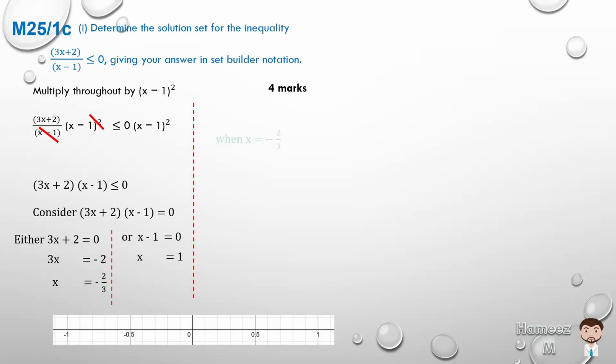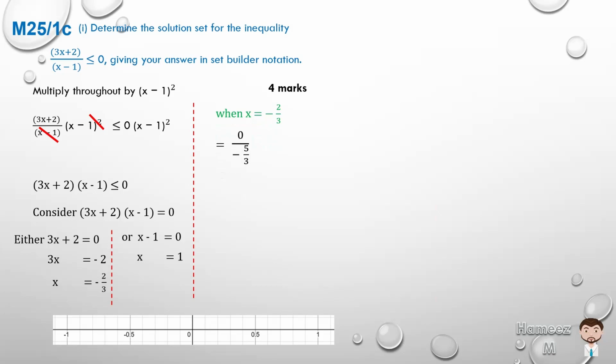So now let's substitute x equal to minus 2/3 back into the original inequality, (3x + 2)/(x - 1). Then 3 times minus 2/3 will be minus 2. Minus 2 plus 2 is 0, so the numerator works out to be 0. And minus 2/3 minus 1 is minus 5/3.